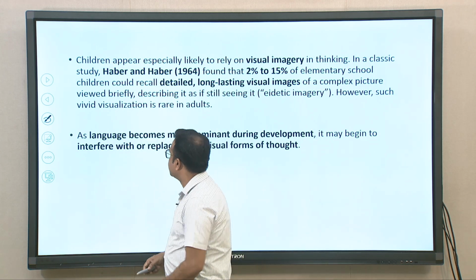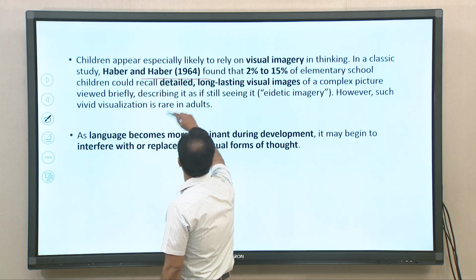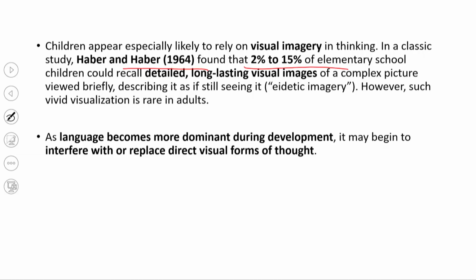For example, in a classic study by Haber and Haber in 1960, it was found that 2 to 15% of elementary school children could recall detailed, long-lasting visual images of a complex picture which was viewed briefly, describing it as if still seeing it. A lot of these children could accurately describe the different complex images they were shown for a brief period of time, which is also called eidetic imagery.